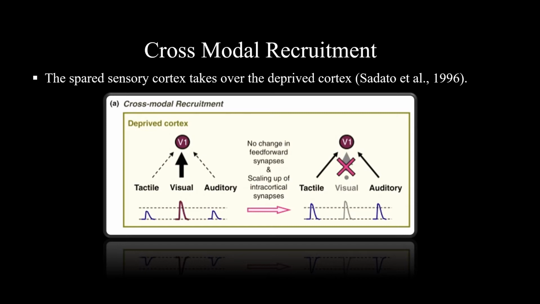So you have tactile, touch, visual, and auditory, and you have the visual cortex. There are basic inputs for all three of them, with visual being the largest. However, once you take the visual input away, you can see that the tactile and auditory cortex increase the strength of input within the primary visual cortex, and you can understand why the visual cortex will be activated when a blind person is reading Braille.